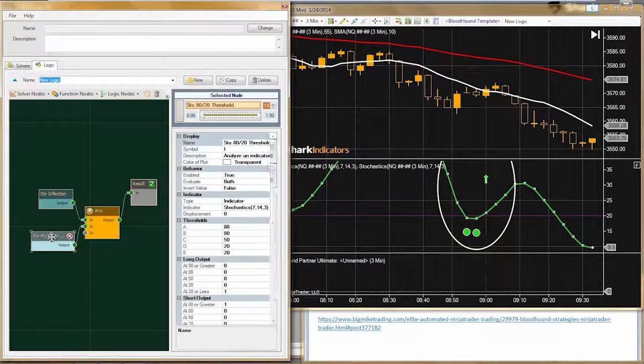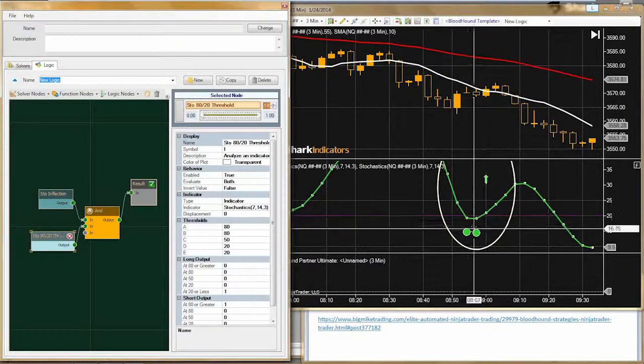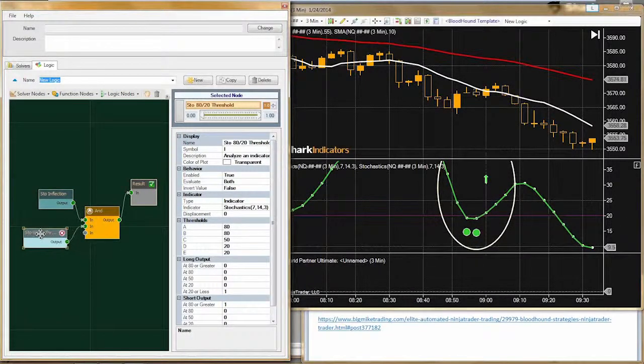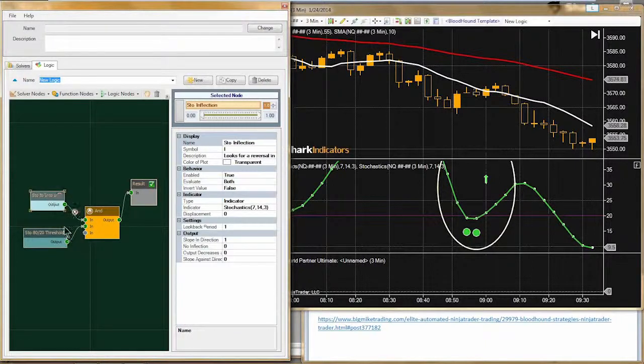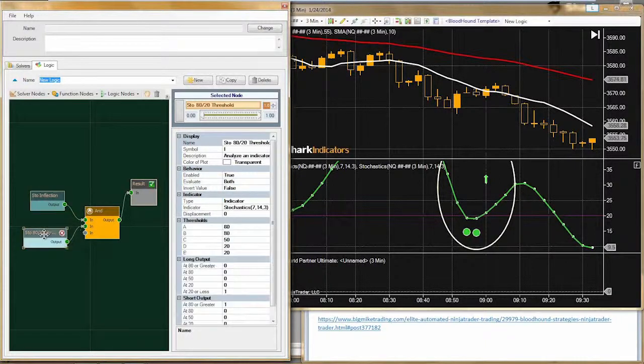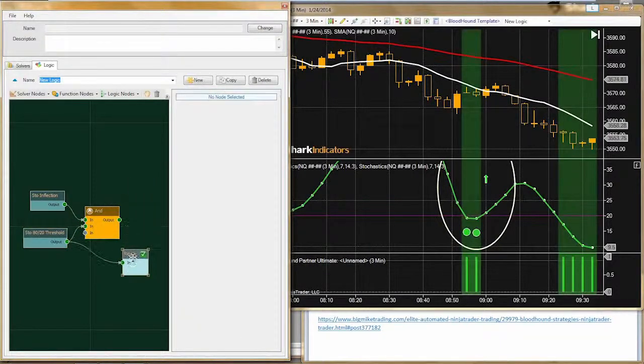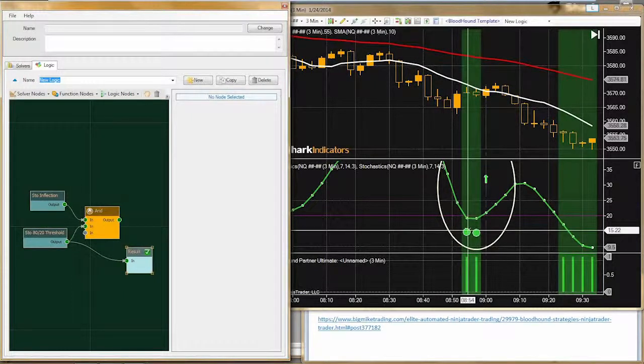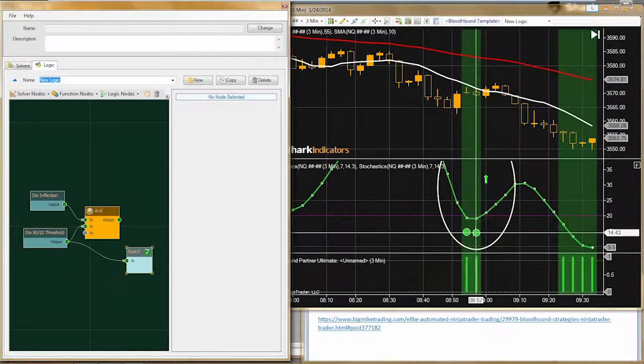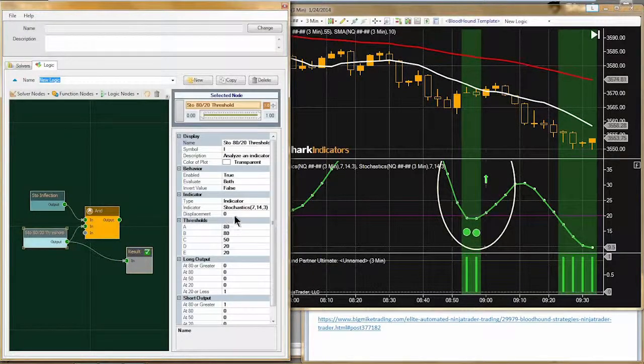And so that's what the question kind of was, why aren't some of these working out? And the way you fix this is, let me, we're looking at the threshold condition right now. What you need to do is move this condition forward one bar, and that will solve it.